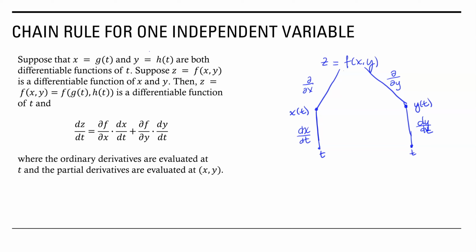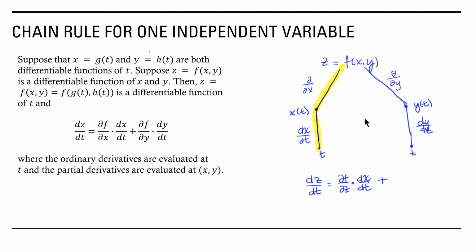So now I'm ready to write my derivative, and I use each branch of this tree to help me write that derivative. So my derivative of z with respect to t, coming down this left-hand branch, first we take the partial of f with respect to x, and then we multiply that by, continuing down our branch, dx dt.